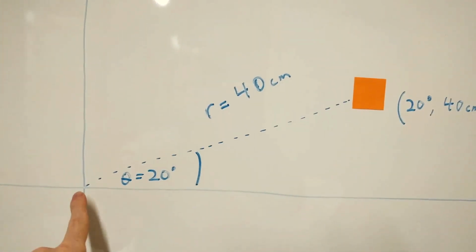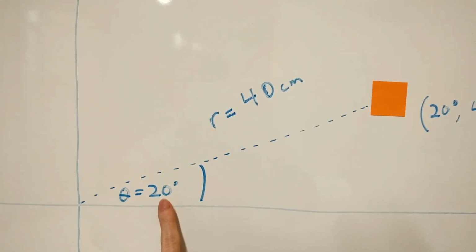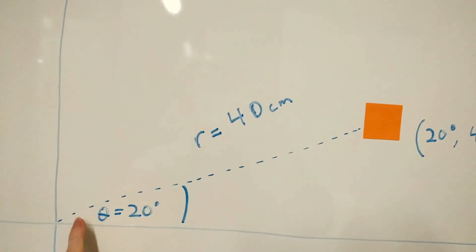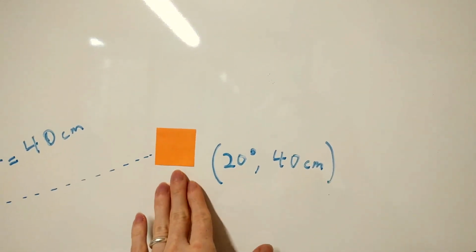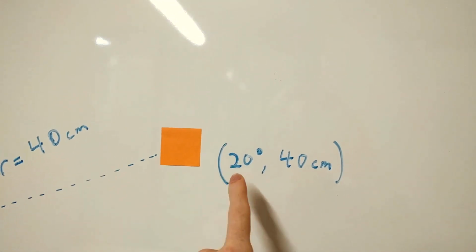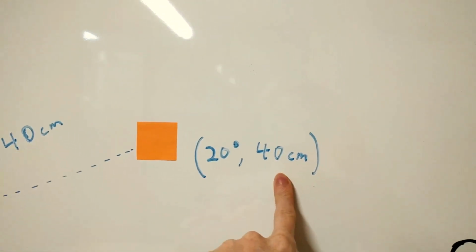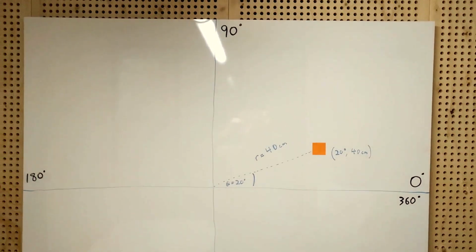We measure the angle from the middle to the square, and that's about 20 degrees. And the distance, the radius, is 40 centimeters. So another way we could describe the location of this square is to say that it's 20 degrees and 40 centimeters from the center in polar coordinates.